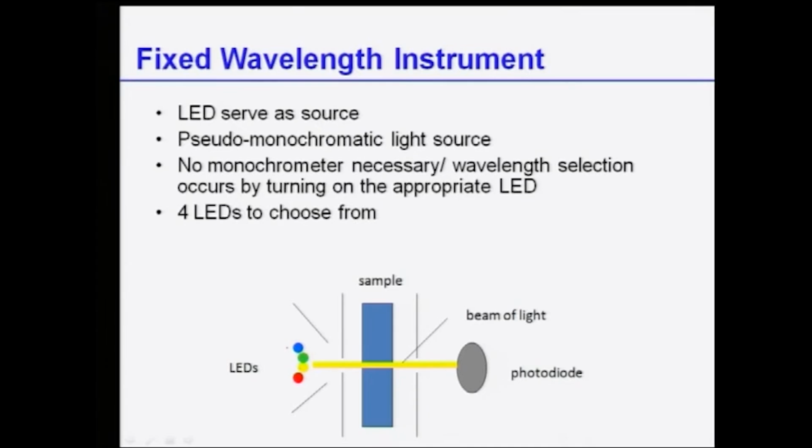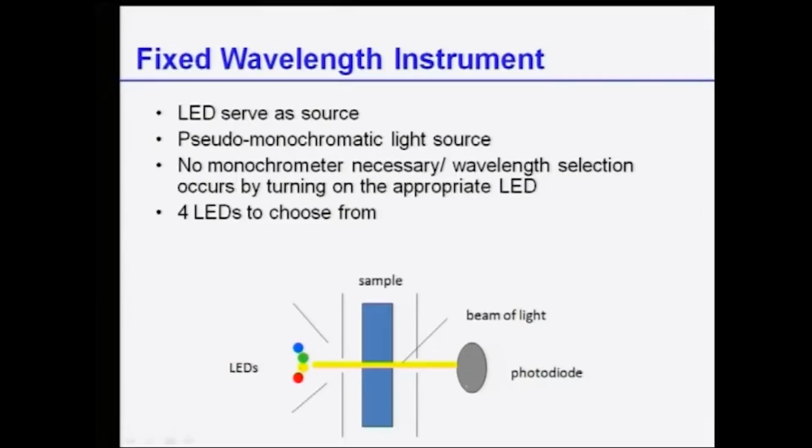These LEDs emit a particular wavelength of light, which falls on the sample. No monochromator is needed because LEDs emit very precise monochromatic light, and whatever comes out is detected by a photodiode. This is how the fixed wavelength instrument works. Normally 4 LEDs are used, so 4 wavelengths can be chosen.